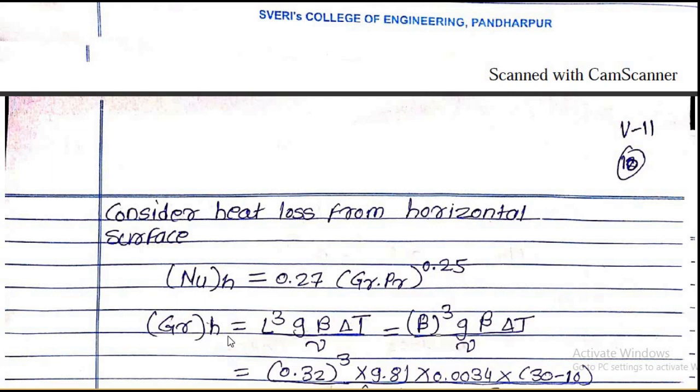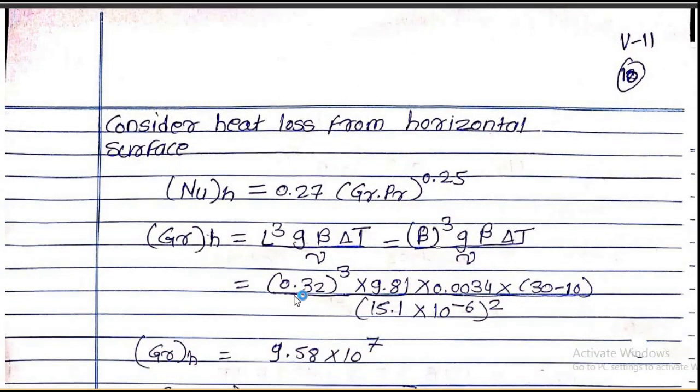So Grashof number for the horizontal surface will be given as L cube multiplied by g multiplied by beta multiplied by delta T divided by nu square, where this L cube will be converted to width. The characteristic dimension for that horizontal plate is its width, so width cube multiplied by g multiplied by beta multiplied by delta T divided by nu square. The width of the bottom surface is 0.32, so 0.32 cube multiplied by 9.81 multiplied by 0.0034 multiplied by 30 minus 10, divided by nu square, which is 15.1 into 10 raised to minus 6, bracket square.